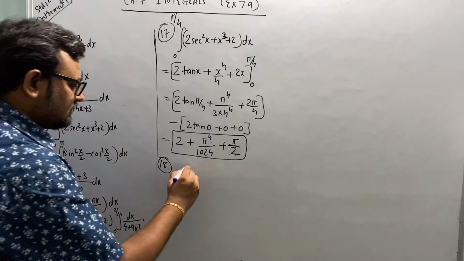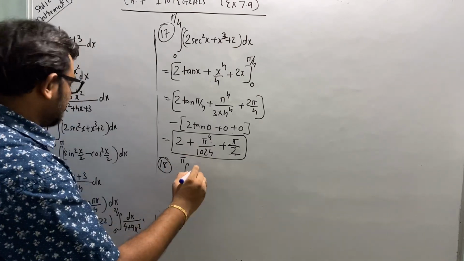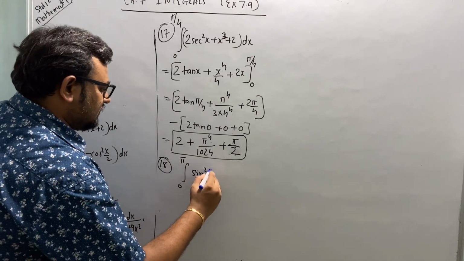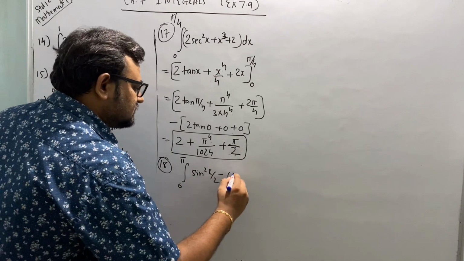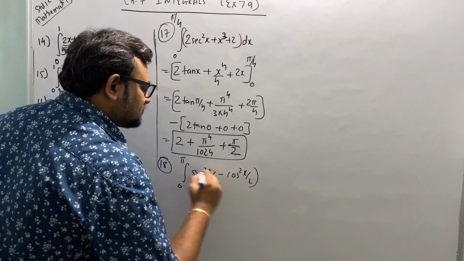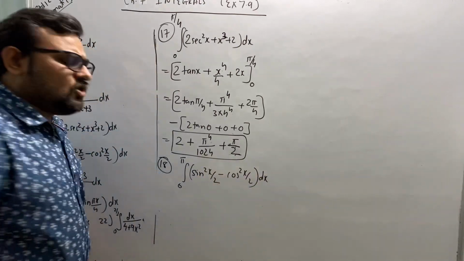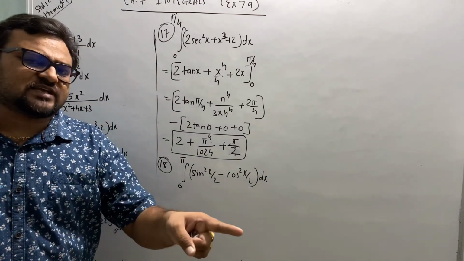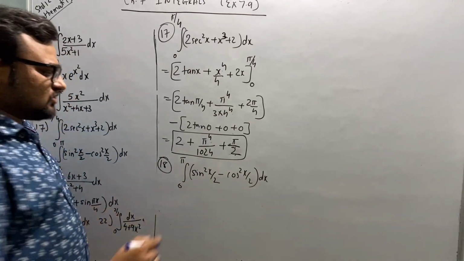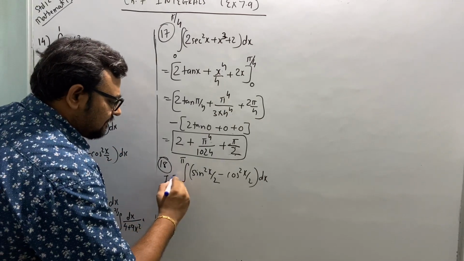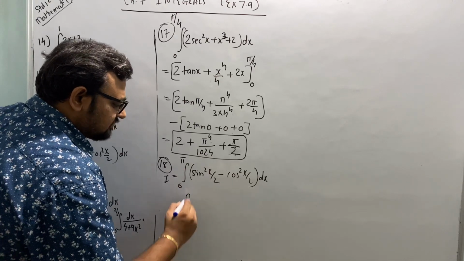Question 18: integral from 0 to pi of sine square x by 2 minus cos square x by 2 dx. Okay, we know the formula that cos square x minus sin square x is equal to cos 2x. But here it is sin square first. So what I will do, I will take minus common.